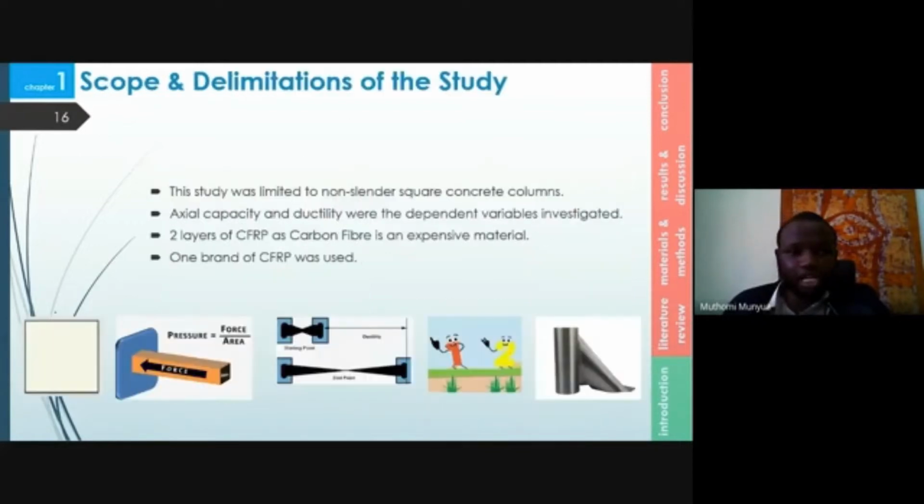The scope of this study was limited to square columns, and the axial capacity and the ductility were the only dependent variables investigated. For economic reasons, 2 layers and 1 brand of CFRP was used.